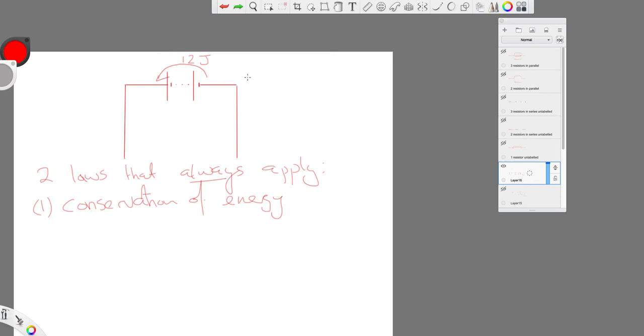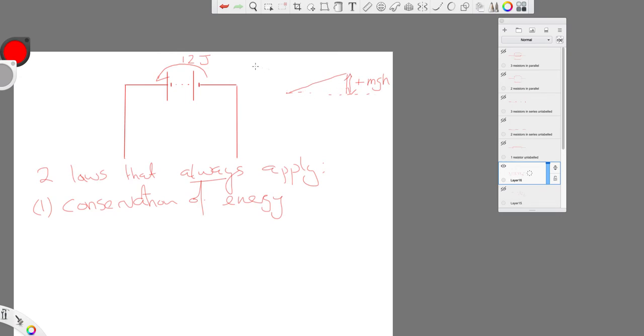If we think about this electrical work being done like a hill, you know from previous work, here's our ground level. If we climb the hill, we gain mgh joules of gravitational potential energy in doing that. And if you come back down the hill again, you lose that mgh.